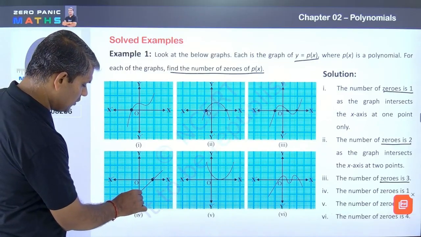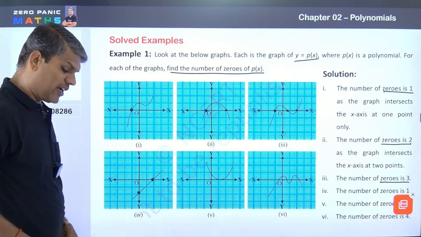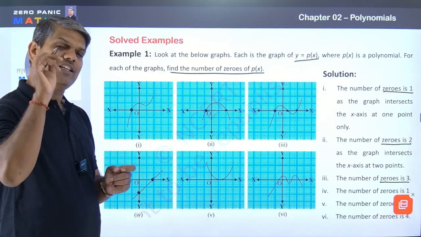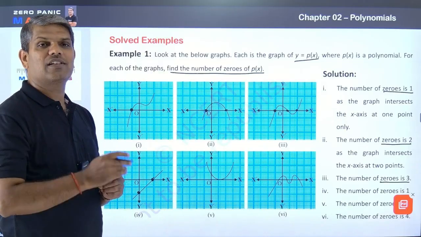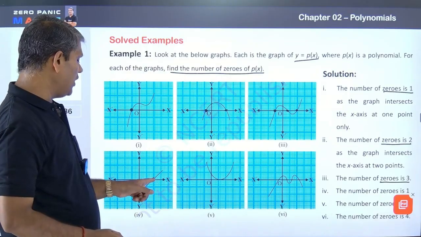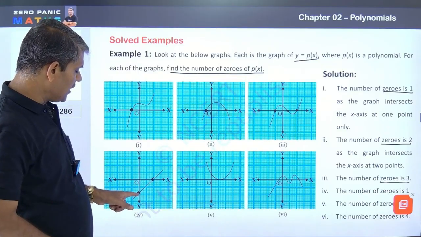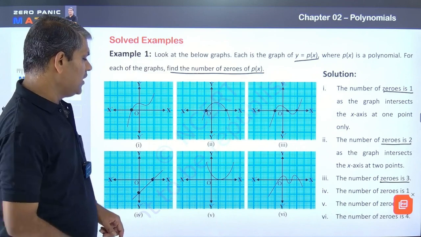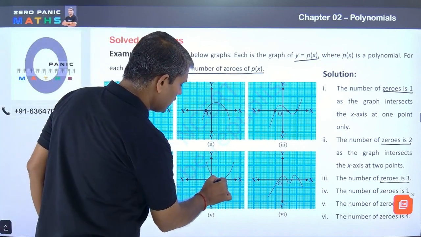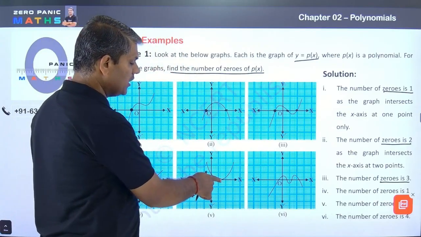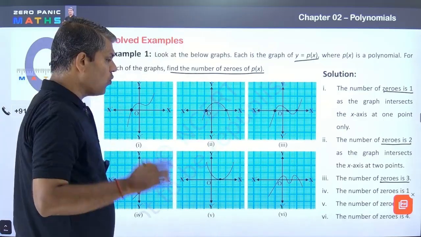So don't get confused with cutting the y-axis. If it cuts the x-axis, that point only should be considered as the zero of a polynomial, because at that point y will be equal to 0. So don't consider this point because this is a non-zero y value. Here the parabolic structure is touching the x-axis at 1 point, so the number of zeros of this polynomial is only 1.